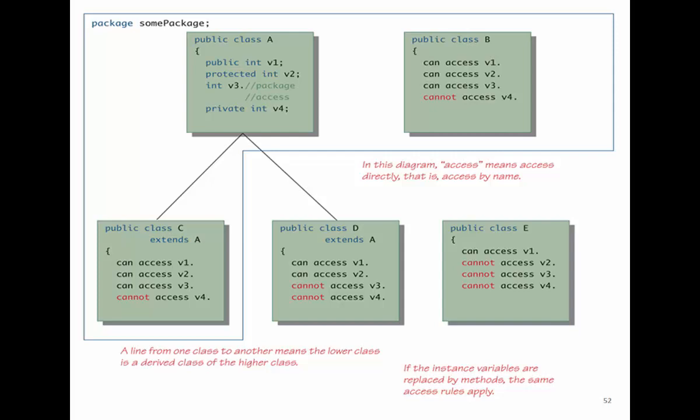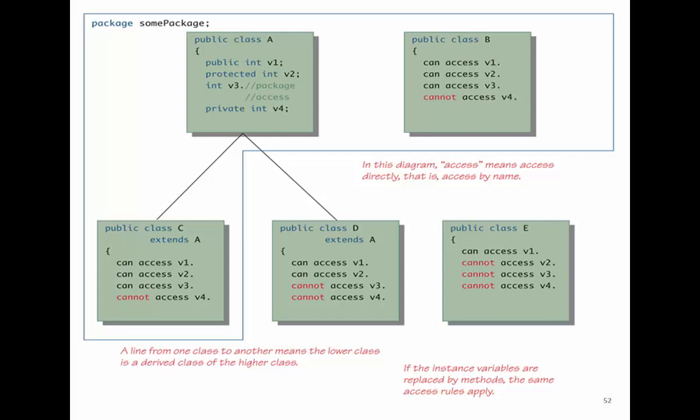Also look at V3. You define V3 without providing any access modifier, which lets you access V3 from A, C, D. Sorry, D will not be able to access V3, okay? Why? Because when you don't define any access modifier, you have package access.